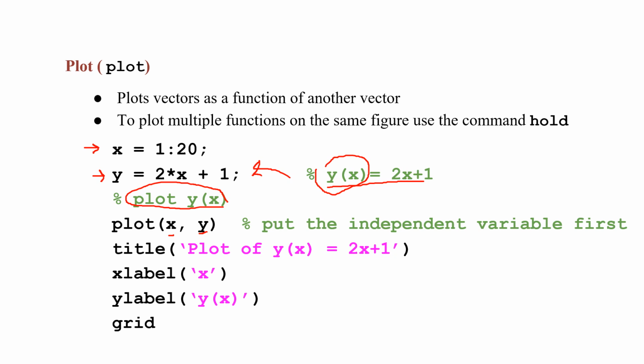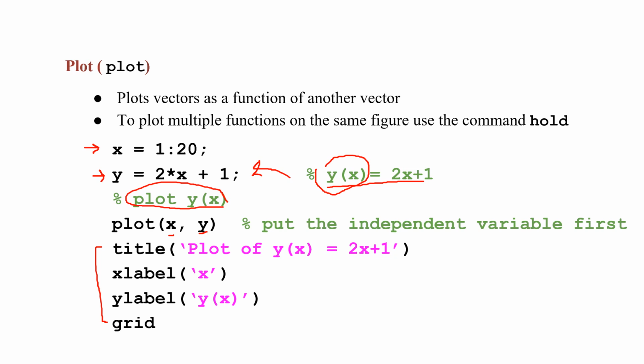The rest of the commands are simply to add a title to the plot and to add a label to my x-axis and a label to my y-axis. Remember to use quotation marks to surround the labels. You could use single or double quotation marks, both will work.